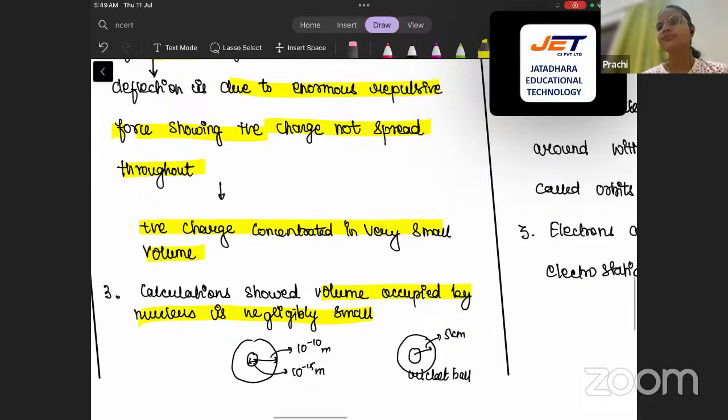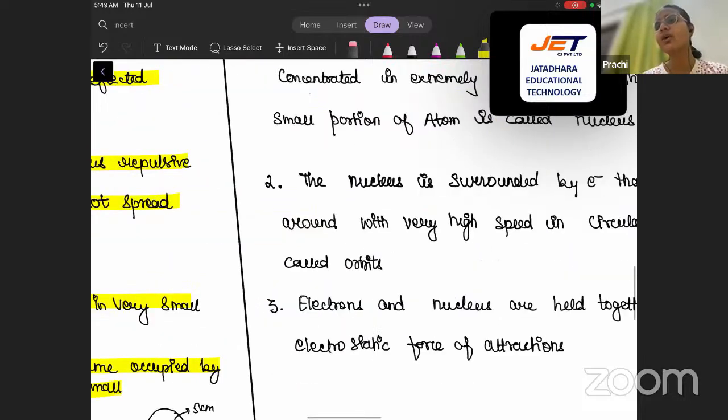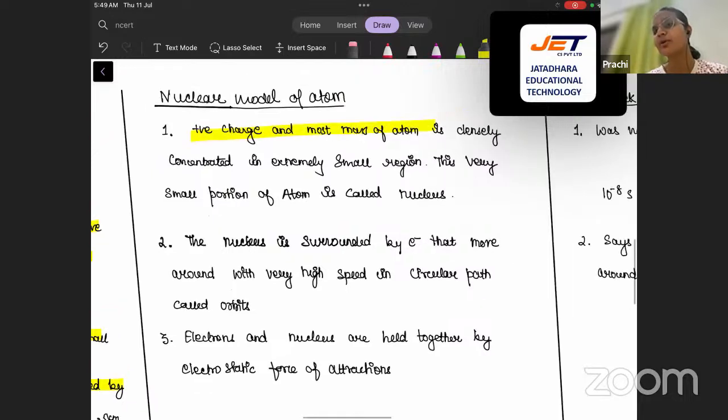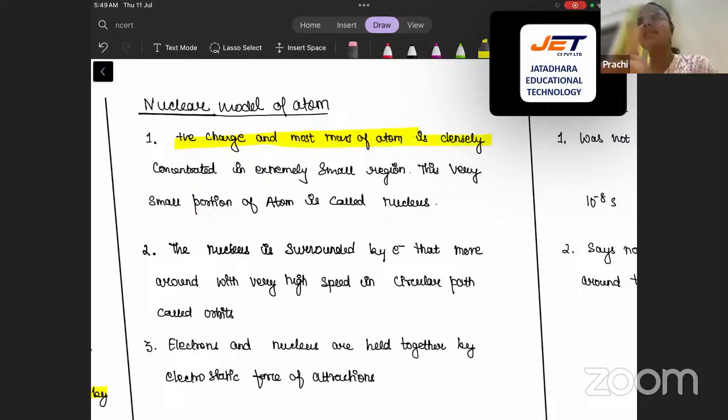So now, how does the atom look according to Rutherford? According to him, the positive charge and most of the mass of the atom, still here they didn't know anything about neutrons, now we know about protons and electrons, is densely concentrated in an extremely small region.